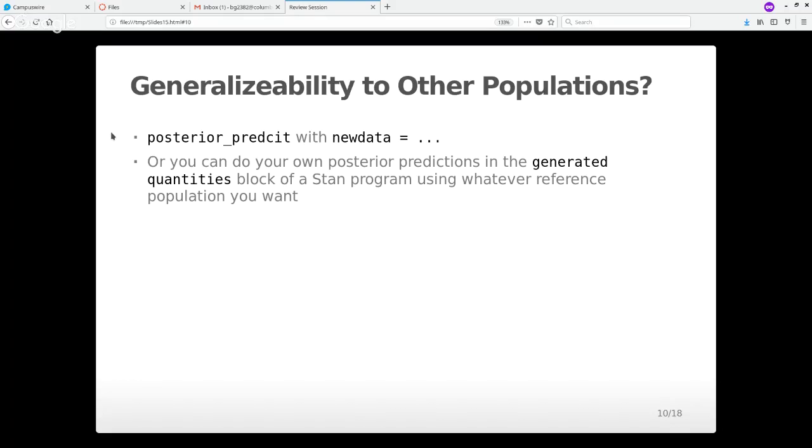Now, if you have fewer observations for other types of people, and you're estimating a multi-level model that has heterogeneity in the parameters, you're going to be more uncertain about groups of people that you have fewer observations on, but you're correctly more uncertain about those things.